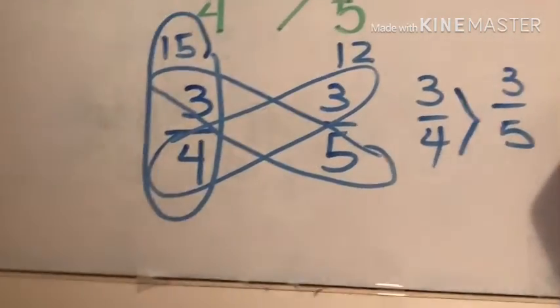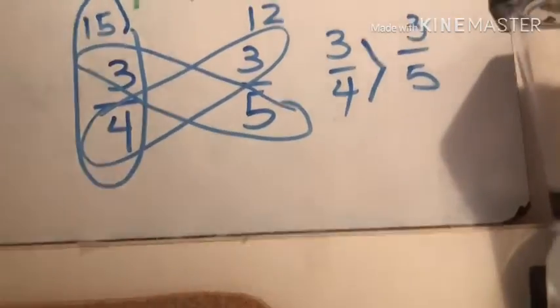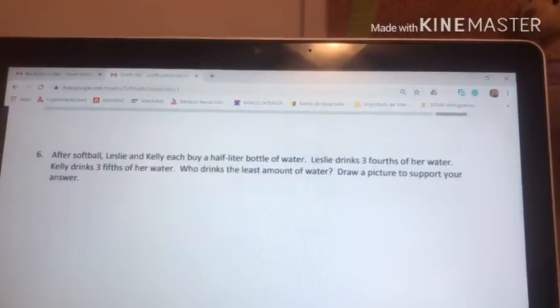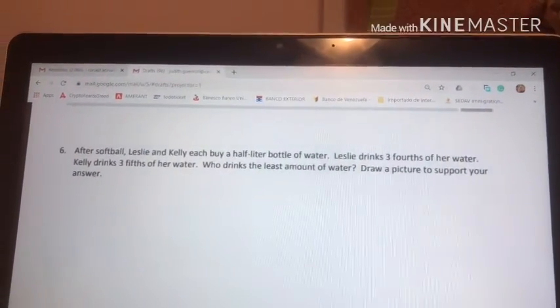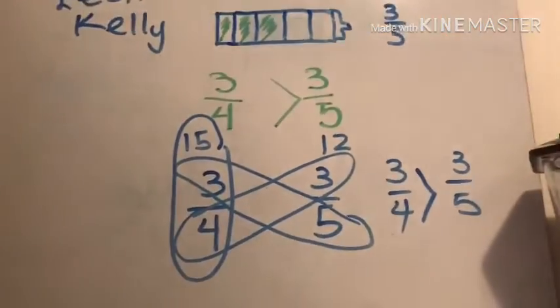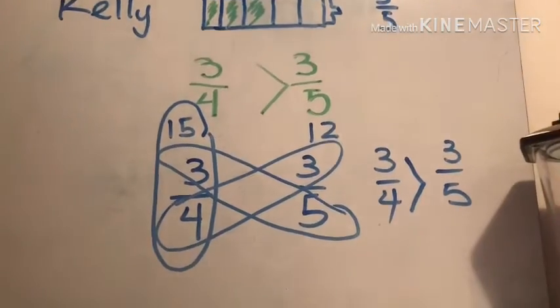But let's get back really quick to our problem, and it says, who drinks the least amount of water? Draw a picture to support your answer. So your sentence for this problem will be, who drank the least water?